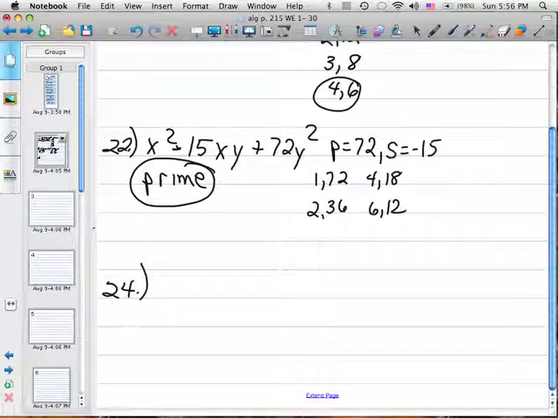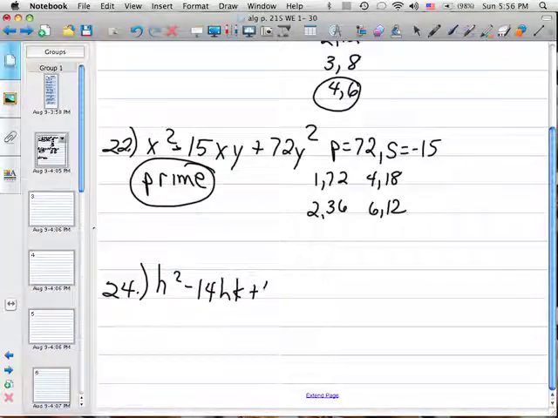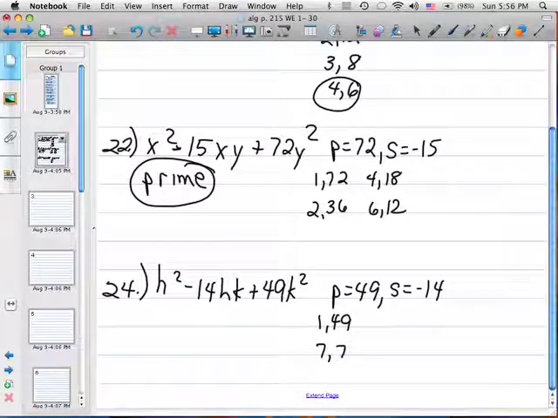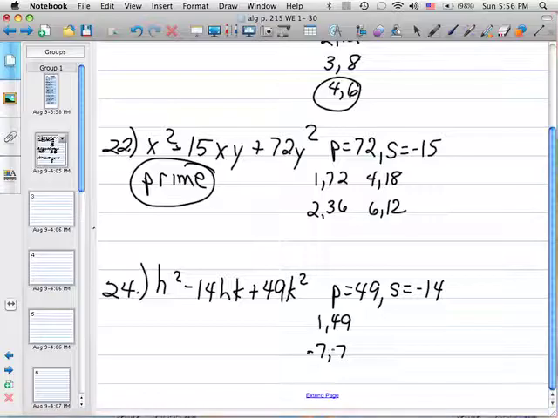Number 24, we have h squared minus 14hk plus 49k squared. Product has to be 49, sum has to be negative 14. Factors of 49 are 1 and 49, definitely do not work, and 7 and 7, which do work. And since it's negative 14, they both have to be negative 7s to add up to negative 14.